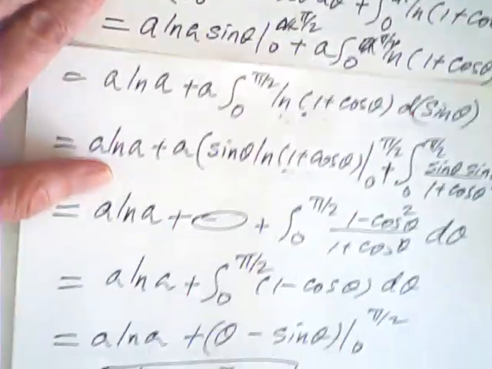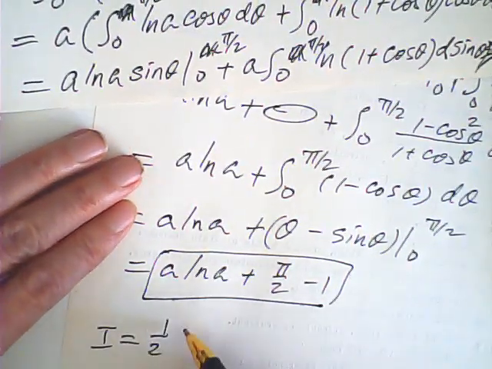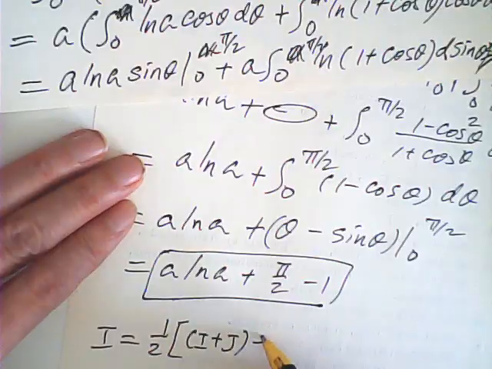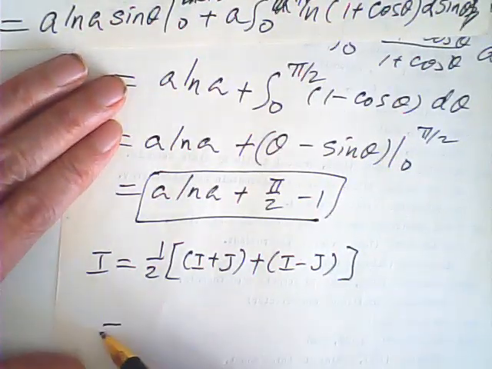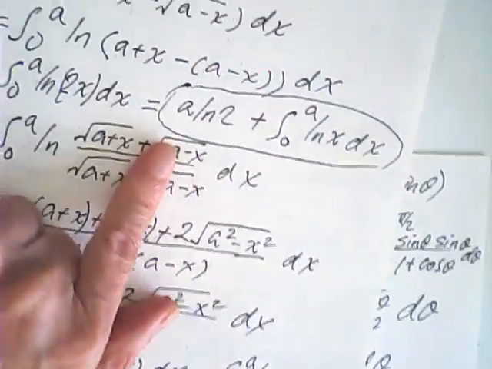So now finally I can find I, which is equal to 1/2 of (I plus J plus I minus J). 1/2 of I plus J is this.